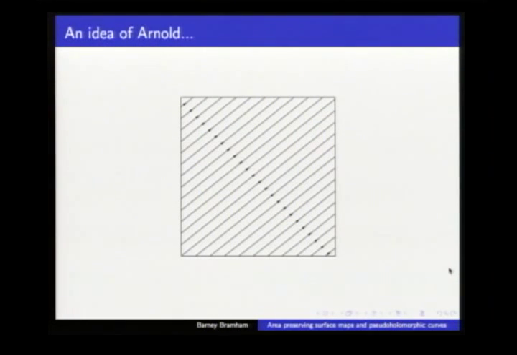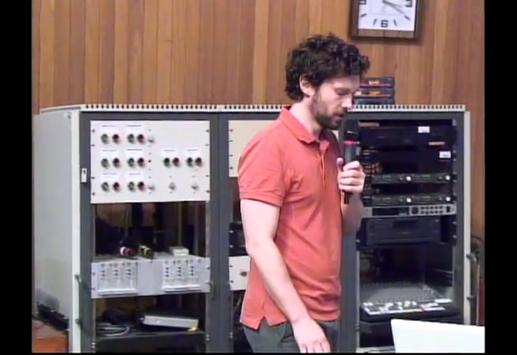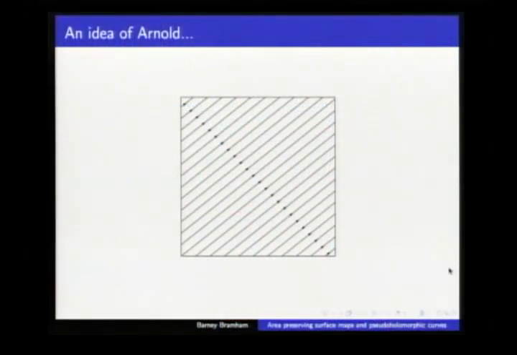The following was explained to me very kindly by Corinna Ulcigrai, how this idea of Arnold gives you mixing systems on surfaces of genus 1 or higher. Although I'm not a specialist in this at all, I thought it's nice visually, and it relates to the question, so let me just explain this for a moment.